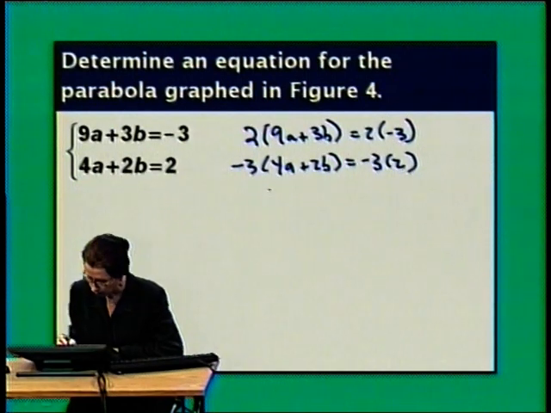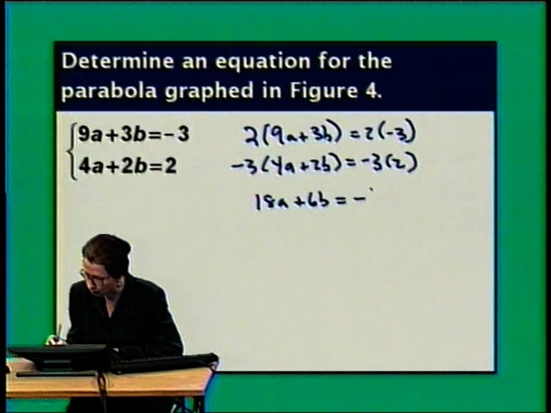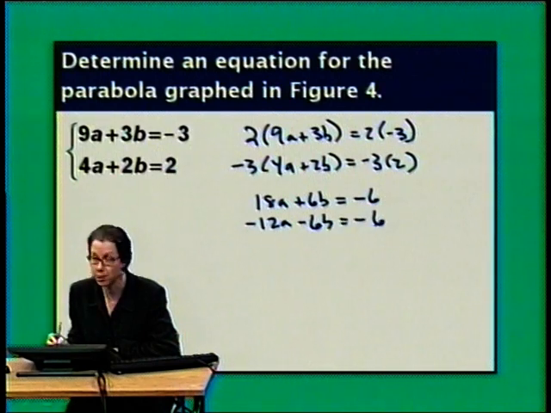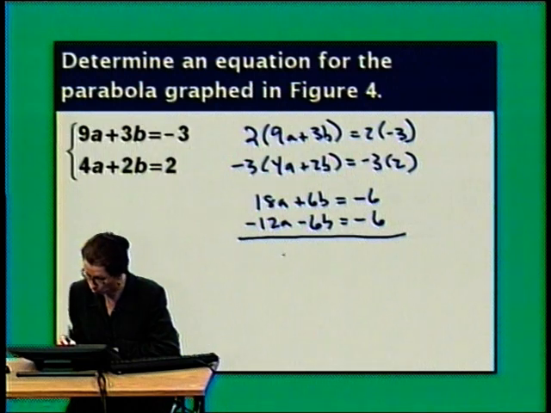So this leaves me 18a plus 6b equals -6, and -12a minus 6b equals -6. Adding these two equations will eliminate b, that was my goal, and I end up with 6a equals -12.